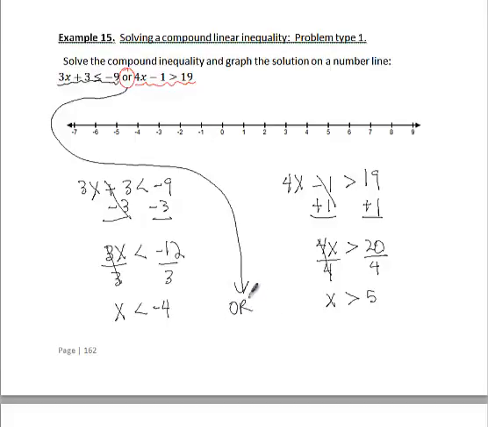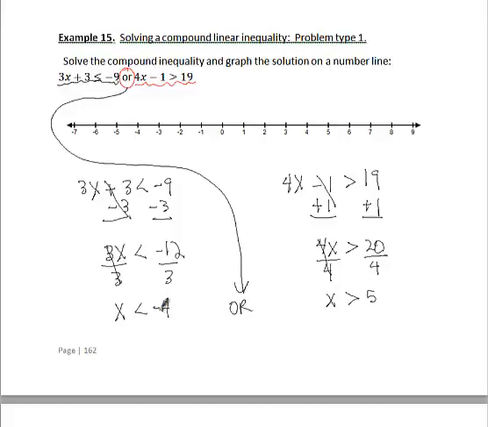Okay, and or simply states that we want to shade anything that is a solution to one inequality or the other. It doesn't have to be a solution to both. It only has to be a solution to one or the other.